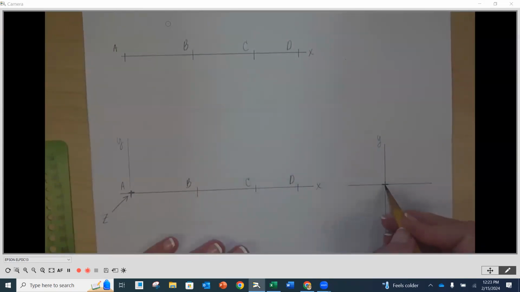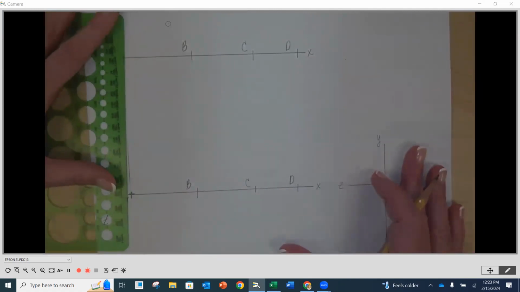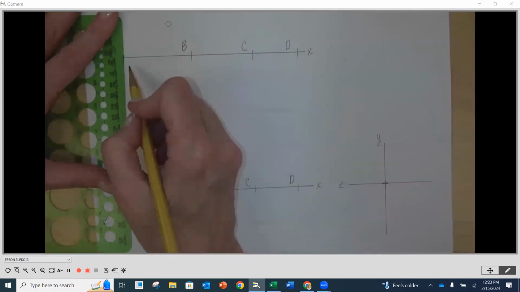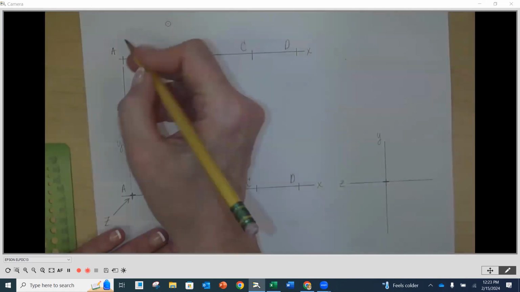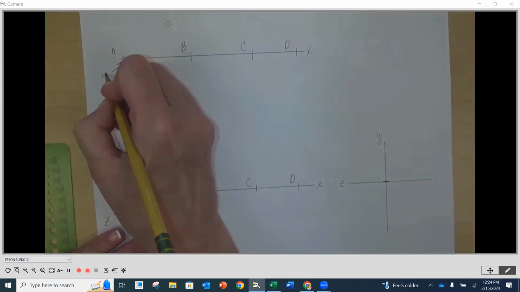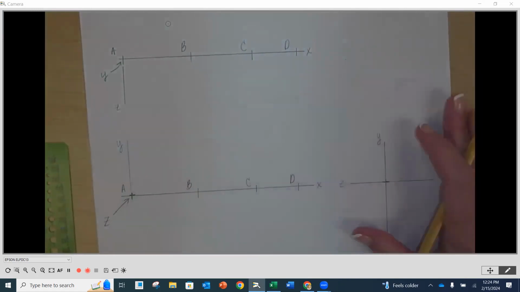In my right side view, my z-axis is coming out to the left. That would be the positive z orientation. And then in my top view, my z is going to be coming down the positive z in this direction. And then my y is going to be looking down as a point. Okay.